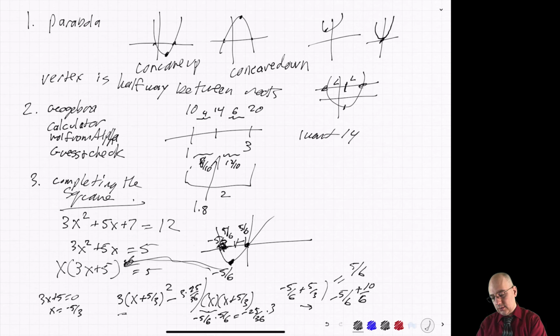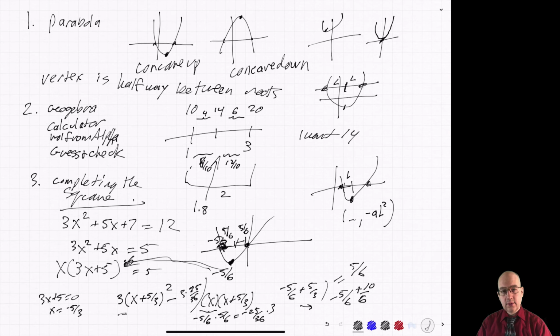So the general idea is if you've got something like this, let's say that distance is L, then you've got the halfway point, and then this thing is going to be minus AL squared. That's it. That's what it is.